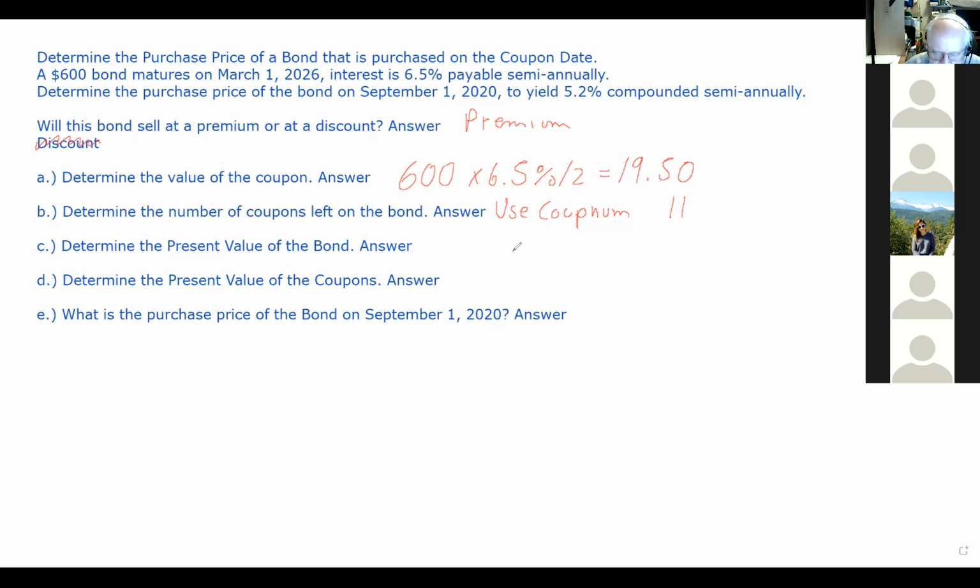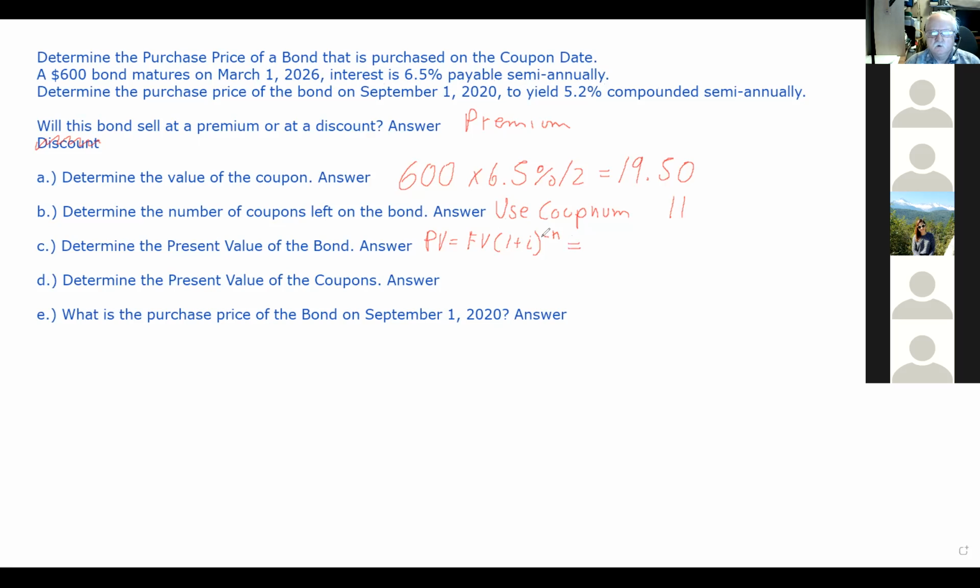because the first calculation we have to do is to find the present value of the bond itself. So this calculation is that the present value equals future value times (1 plus i) to the power of negative n. We know the interest rate is, this is using the market interest rate of 5.2%.